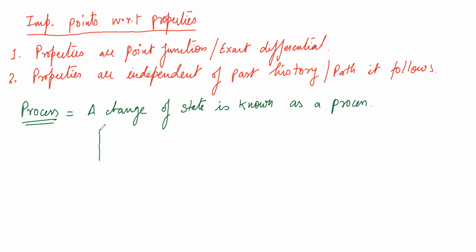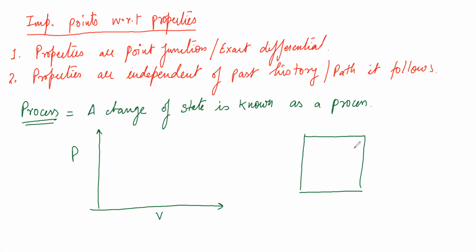Suppose this is a coordinate system, or you can say a pressure-volume coordinate system. You try to draw a graph of a system in which this system has one pressure, named P1, and one volume, named V1, right? So this is a measurable characteristic, and this one is also a measurable characteristic. Based on these values you have defined a point here, right? Now you add heat to the system.